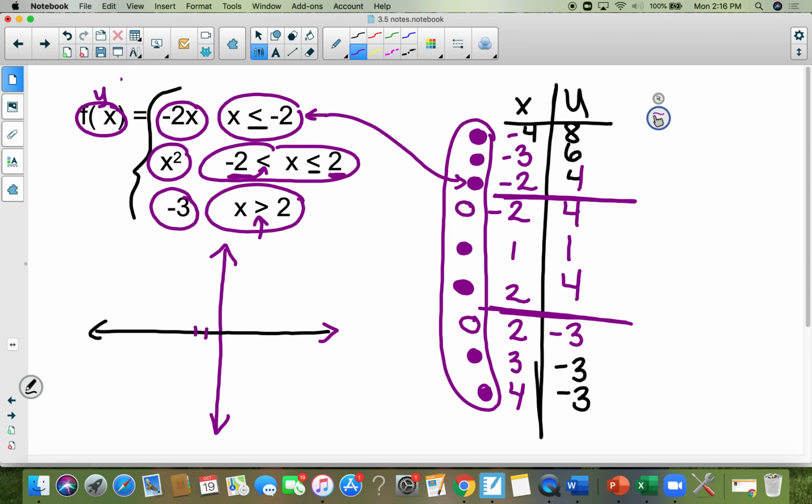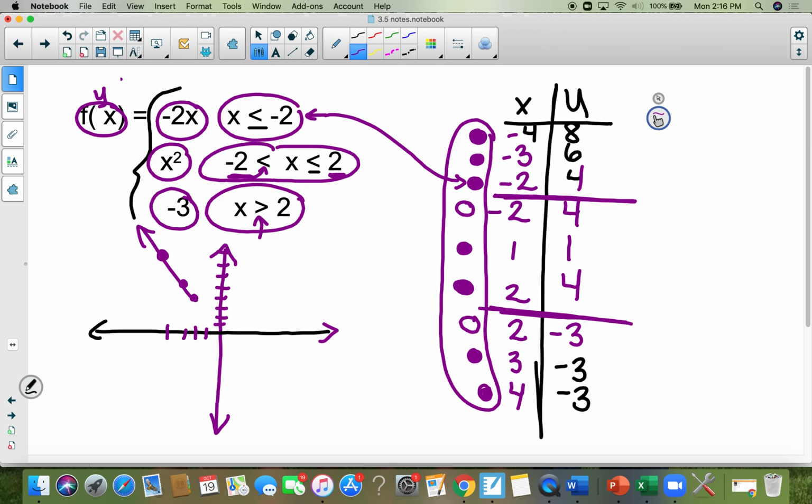So at -4 and +8, 1, 2, 3, 4, 5, 6, 7, 8, it's a closed circle. At -3 and 6, it's a closed circle. At -2 and 4, it's a closed circle, and it shoots off up there.